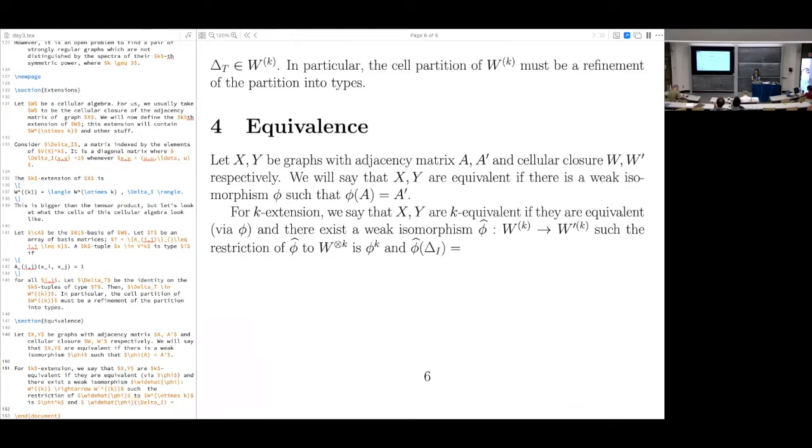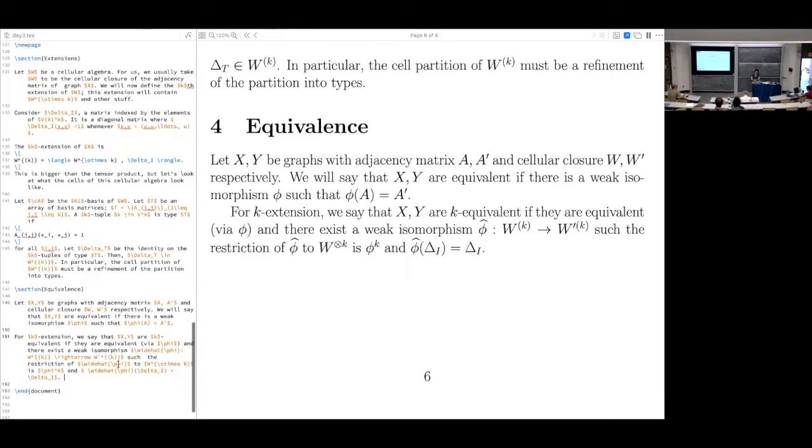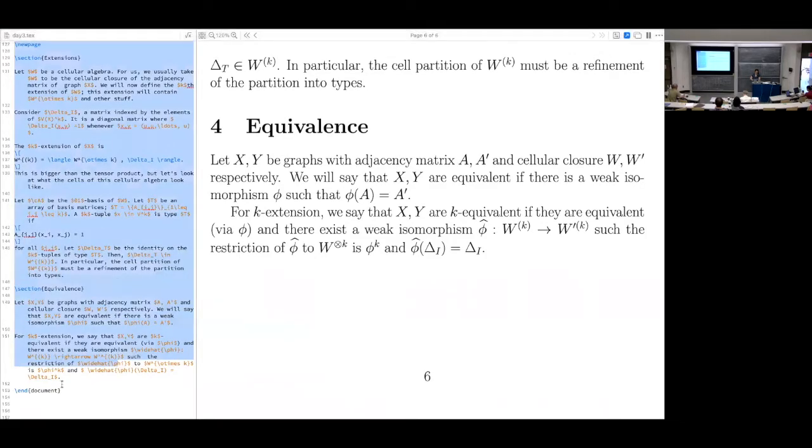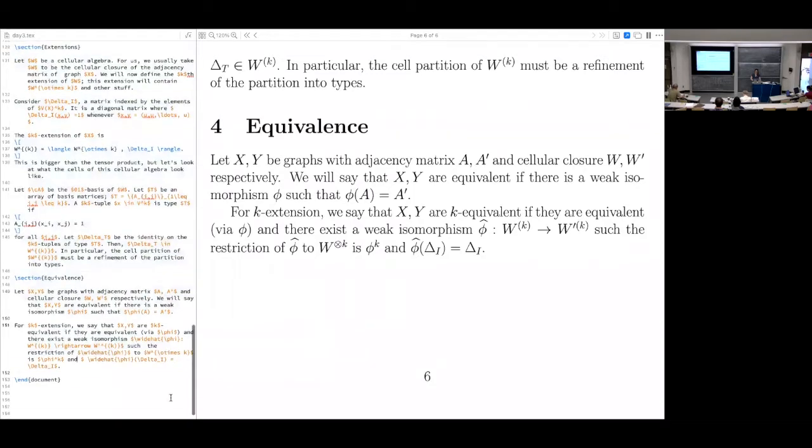So it needs to go to the other delta sub i. Put delta sub i of X and delta sub i of Y. Okay, let's just accept that it has to go to that other matrix. So this is the weak isomorphism between these extensions. This is the K equivalence between graphs.